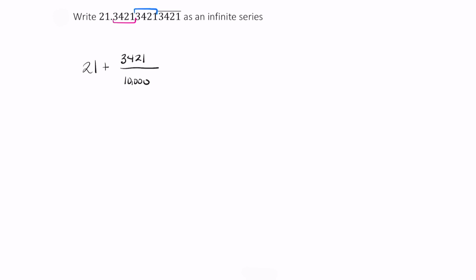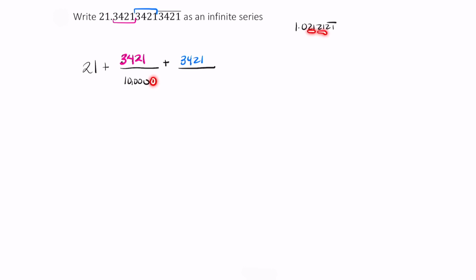And let's look at this value, and I should color code these better. There we are. So 3, 4, 2, 1 in our numerator. And now for the last part, our last number, if you recall, we repeated every 2 digits.